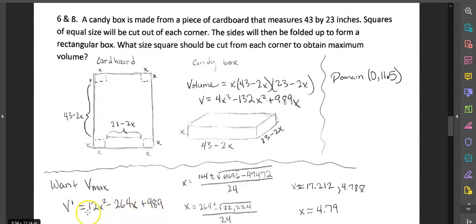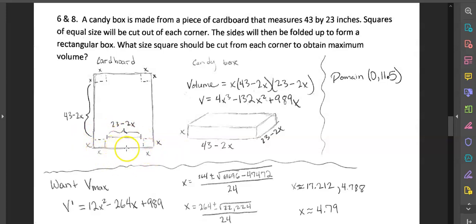I found that you can't factor it, so you need to use the quadratic formula. And then the two solutions that you get are 17.212 or 4.788. And notice over here that I determined that the domain had to be between 0 and 11.5. Obviously, you can't have a negative distance on your cardboard here, and your distance for x can't be longer than half of 23, because once it's longer than half of 23, then you don't have enough to fold this side evenly.